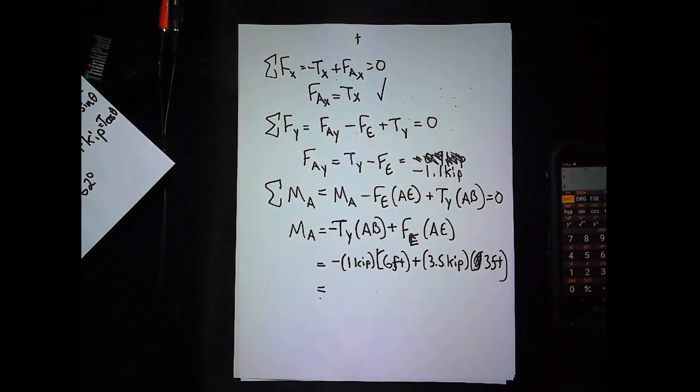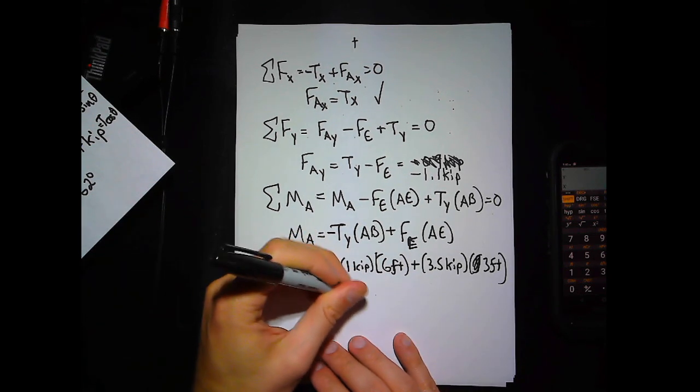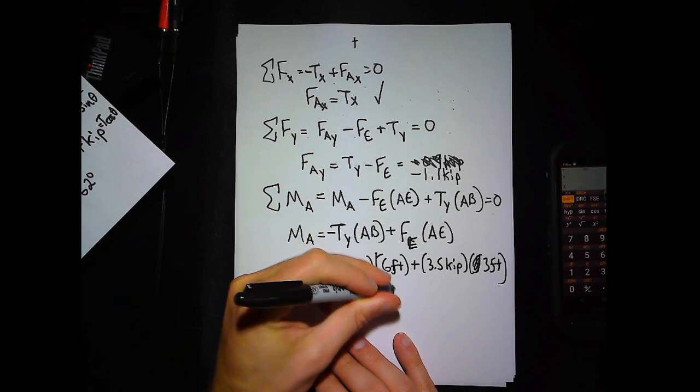That is 3.5 times 3 minus 6. So that's a 4.5 kip foot moment.